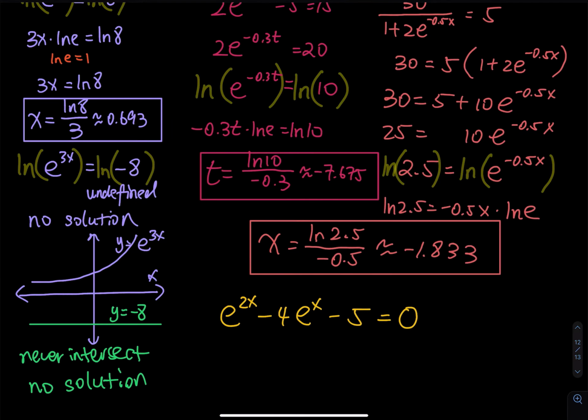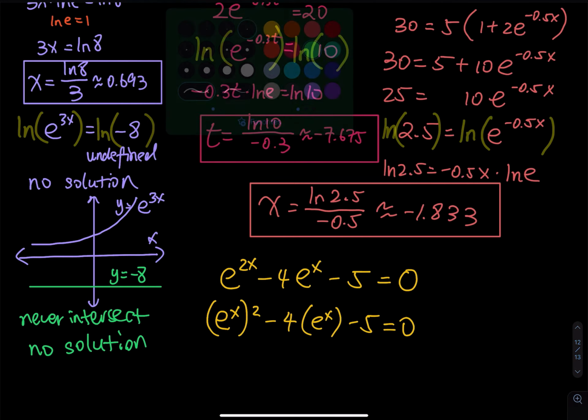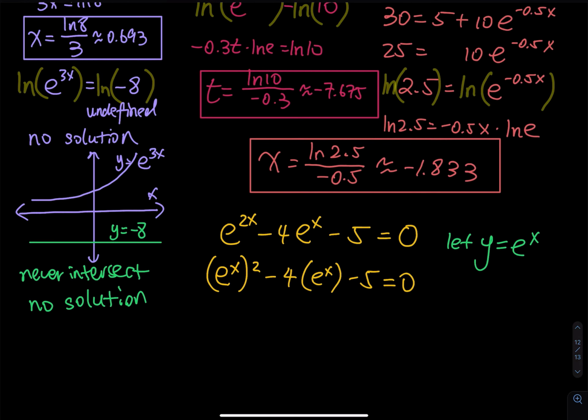And then I would like to rewrite the e to the 2x a little bit by doing this: e to the x, and then I push the 2 outside, squared, minus 4 e to the x minus 5 equals 0. And then I will do a substitution by letting y equal e to the x. So now the equation becomes y squared minus 4y minus 5 equals 0.